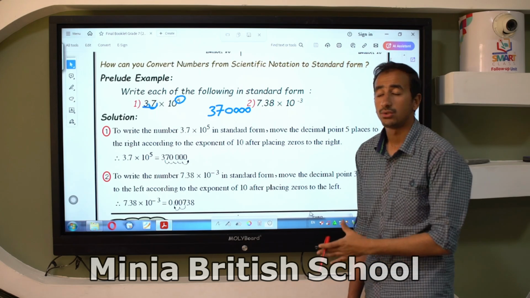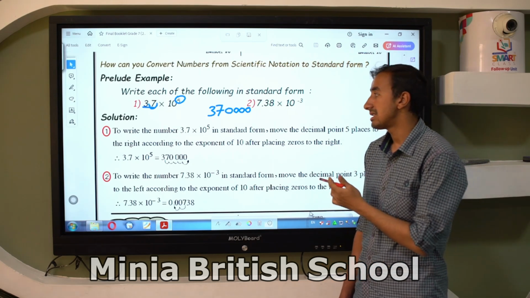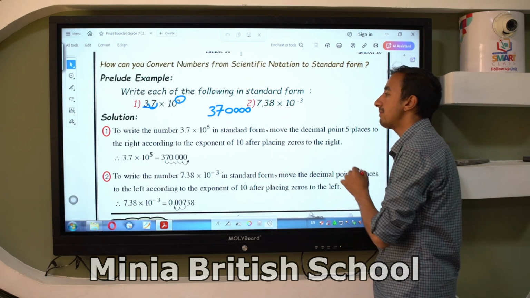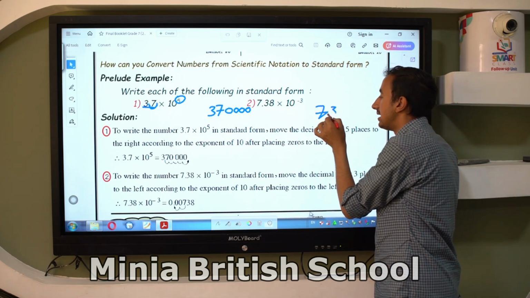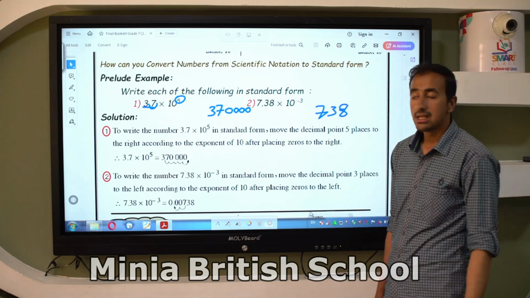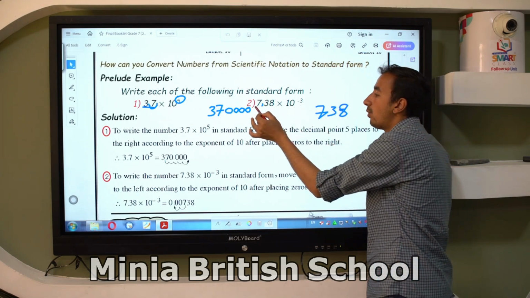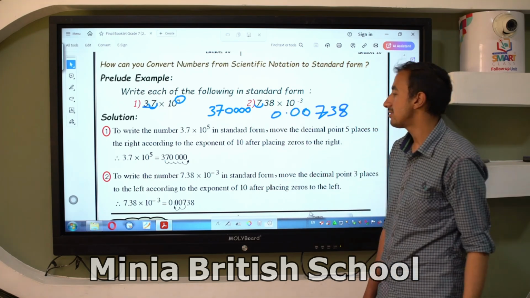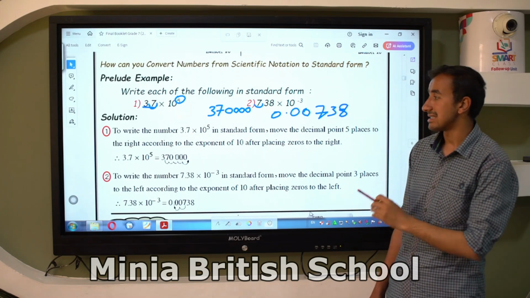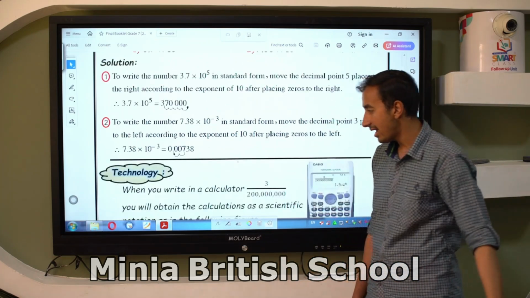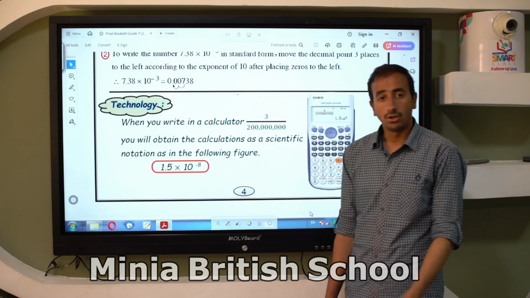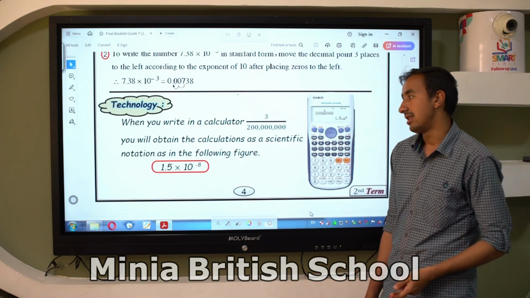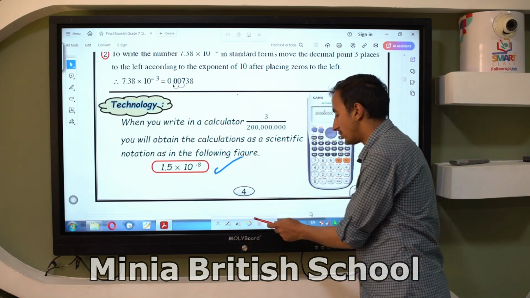So the answer is 370,000. But 7.38 times 10 to the power 3, I can write 738 without any points. Times 10 to the power negative 3, one point, put 0.00738. Now you can use technology, a calculator, to check that the answer is true.